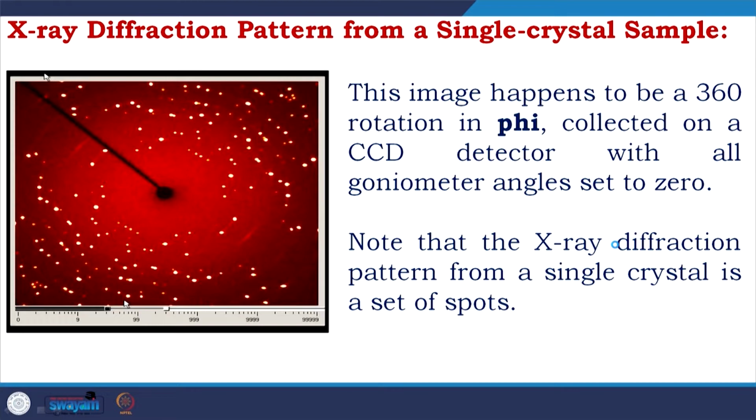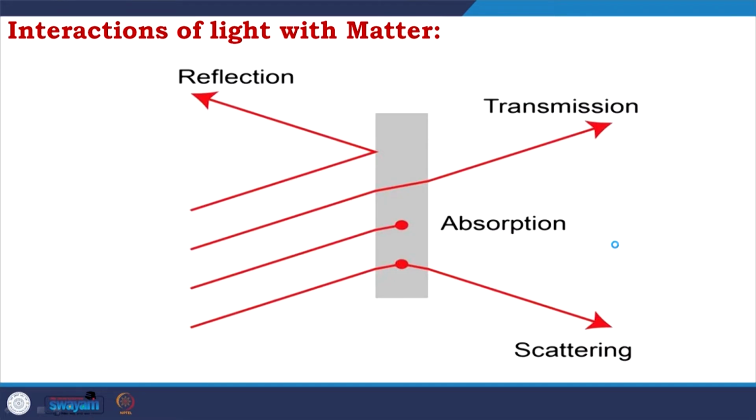If you don't align it, then with the rotation the crystal will lose the main contact of the beam and you would not get data. So, we did the alignment, and if you look at the X-ray diffraction pattern from a single crystal, which is a protein crystal, you will get a set of spots and we will look at their relation.